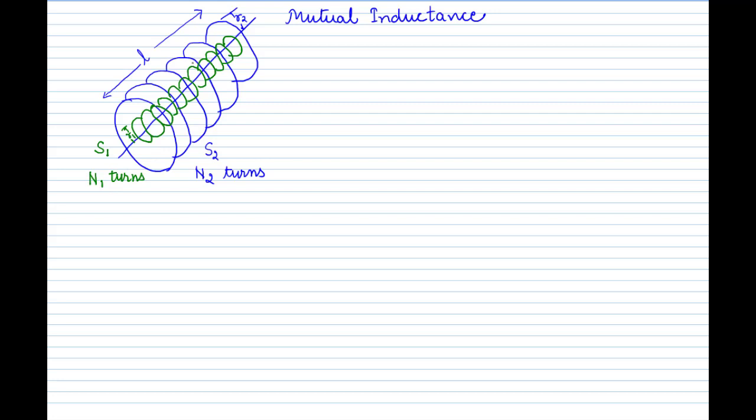So there are two coils in all. These two are long coaxial coils. You can see that the axis is the same; if they have the same axis, we call them coaxial. This is like a solenoid: on a hollow cylinder we wrap a number of turns of wire, so we call it a solenoid. So we are taking two coils in the form of solenoids.